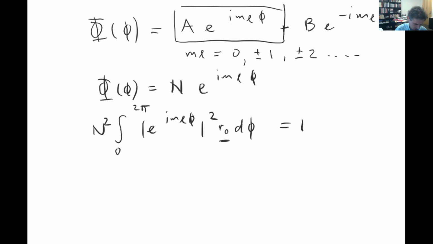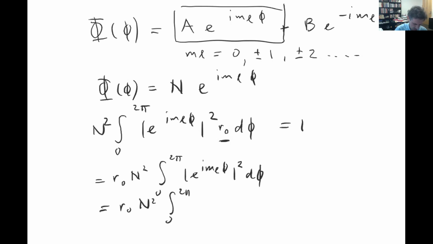So let's find this integral, see if we can calculate it. It's going to be r0 N squared, and then simply the integral over d phi. That's not so hard, actually, because if you take the modulus square of a complex exponential, you simply get 1. So I basically simply get an integrand that is 1.